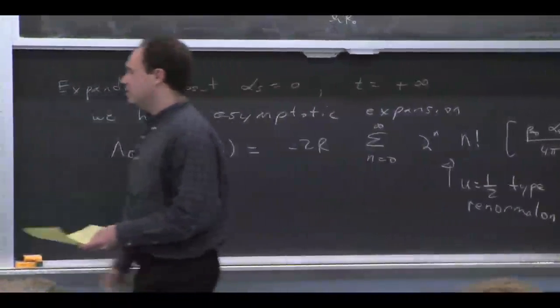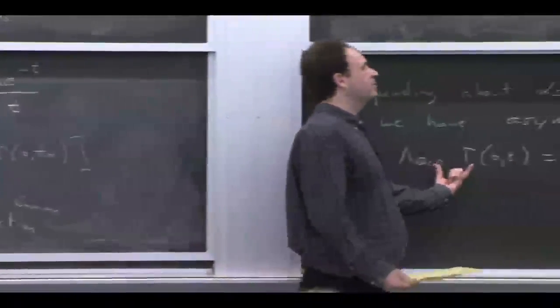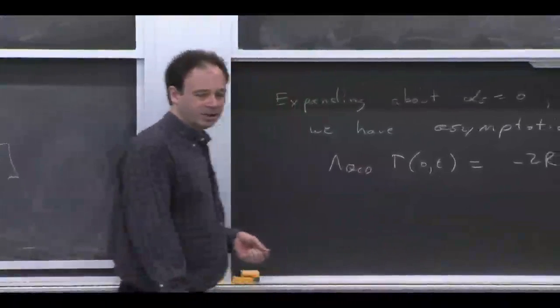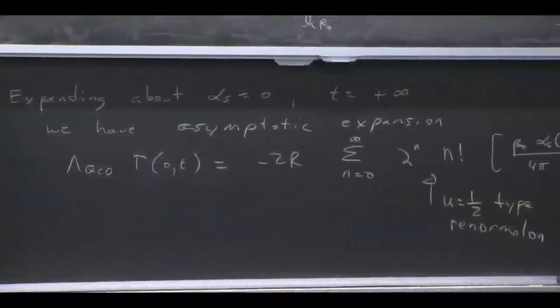And so what's happening is when you take the difference of 2 of these asymptotic series, you're converting it into a convergent series. And we'll talk a little bit more about that next time, but I'll stop there.